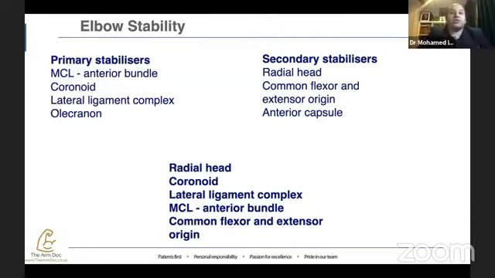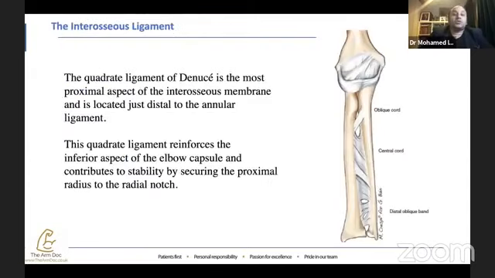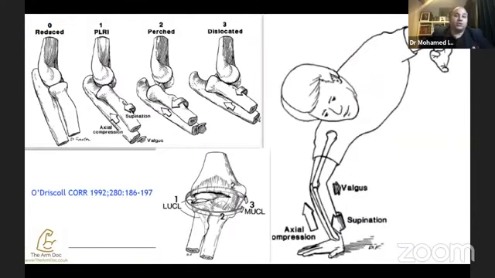The capsule is crucial. We should also be aware that the interosseous ligaments, mainly the quadrate ligament and the central ligament, also have a role in elbow stability. But what we were taught before is that most elbow dislocations occur as part of axial load, valgus force, and forearm supination.